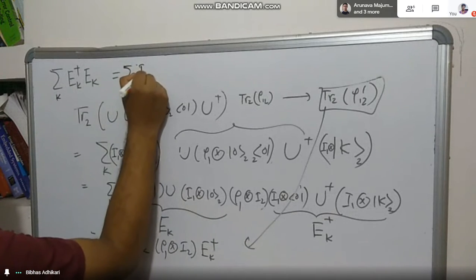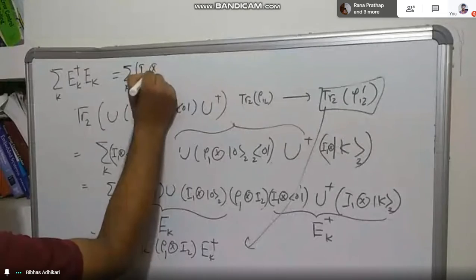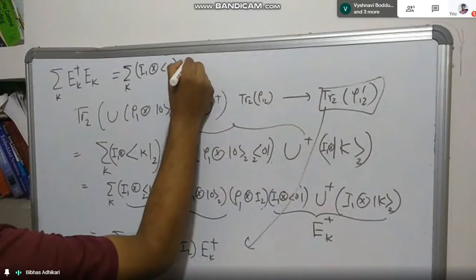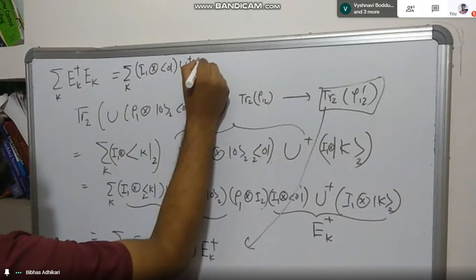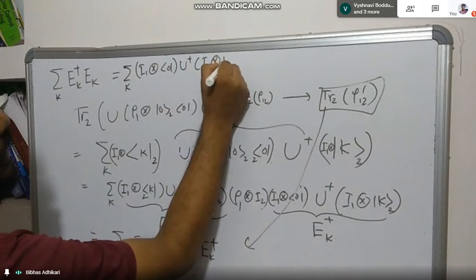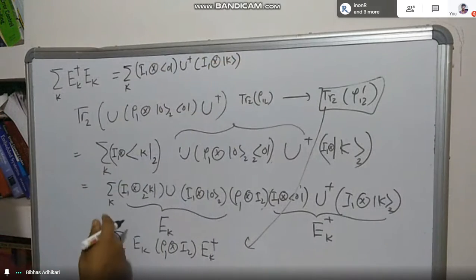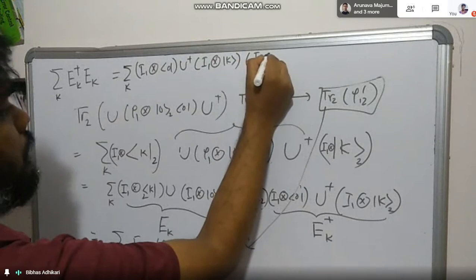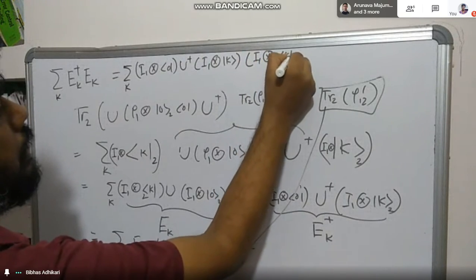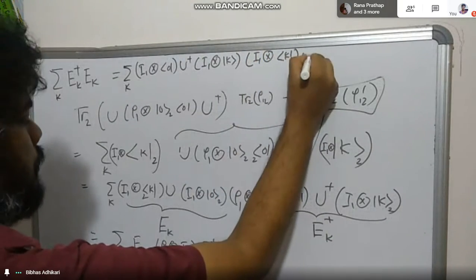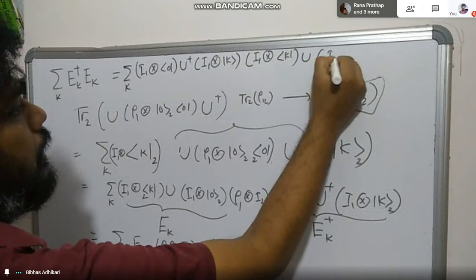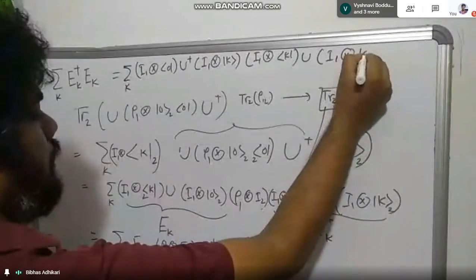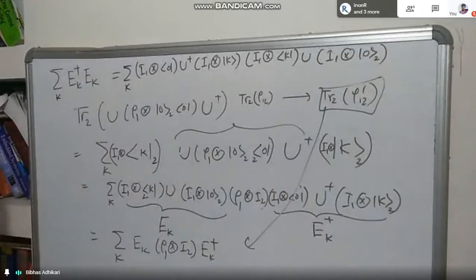This was I1 tensor 0 times U dagger times I1 dagger k. And then E_k, which is here, is I1 dagger k, then U, and then I1 tensor 0. This is what I have.